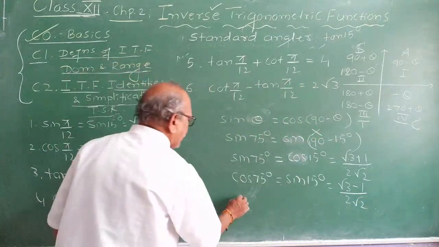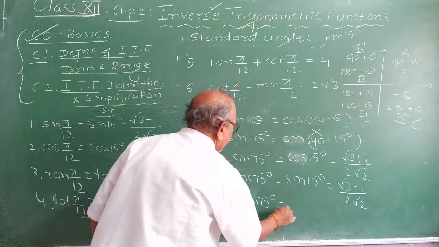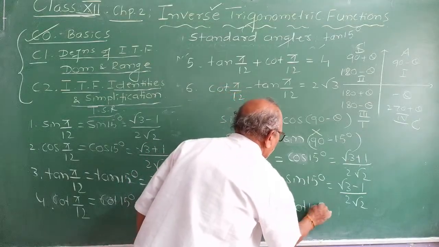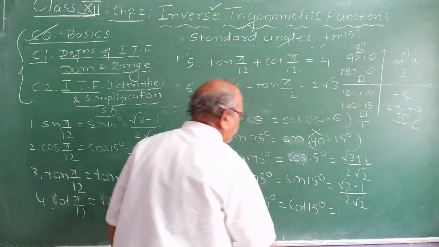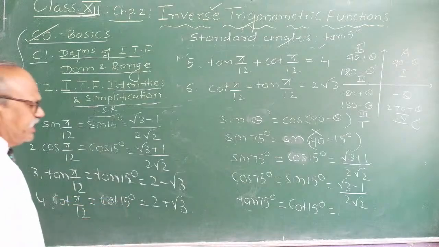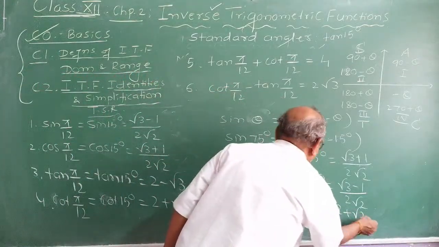Similarly, you can directly write what is tan 75 degree. Tan 75 degree will be cot 15 degree. Isn't it? Tan and cot are co-ratios. 75 plus 15 is 90. Ratio becomes co-ratio. What is cot 15 degree? It will be equal to 2 plus root 3.